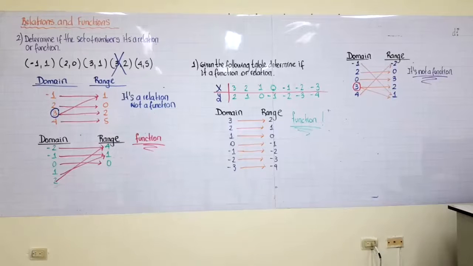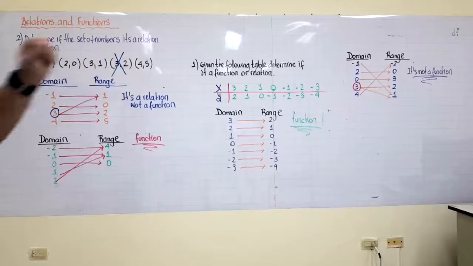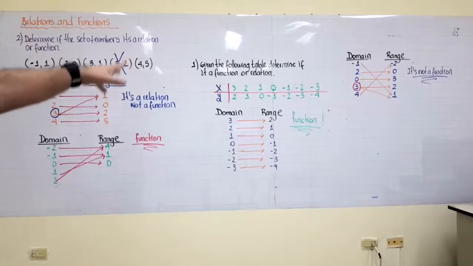Okay, guys, we're going to continue solving a few problems with the central tendency measures, calculating the mean, the median, and the mode. By the way, I have two questions for you before we start the class. Number one, can you read perfectly well the things written on the whiteboard?